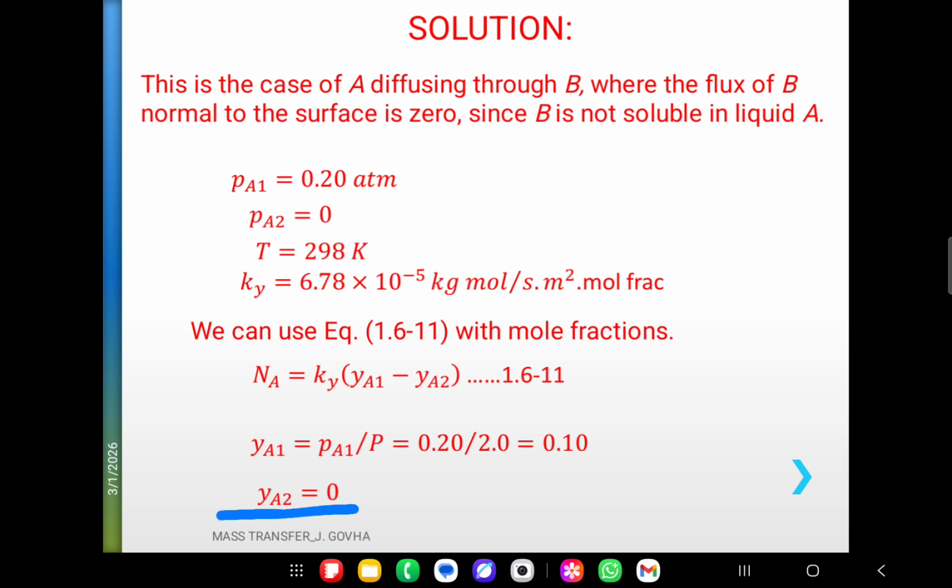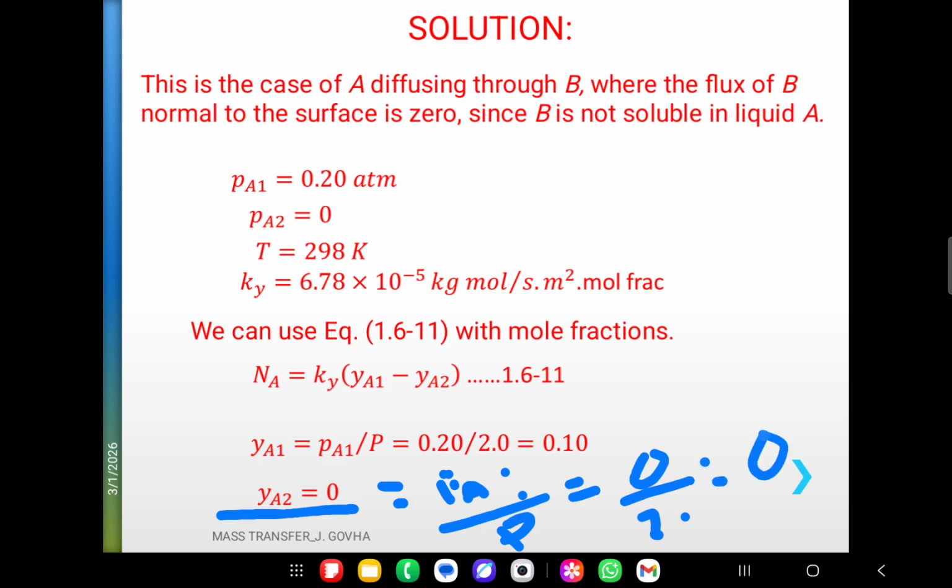Then our YA2 is equal to 0. Why? Because PA2 over P is equal to 0 over 2, which is equal to 0.